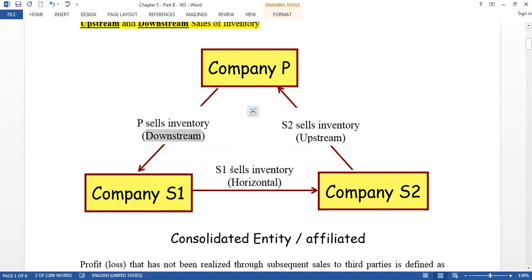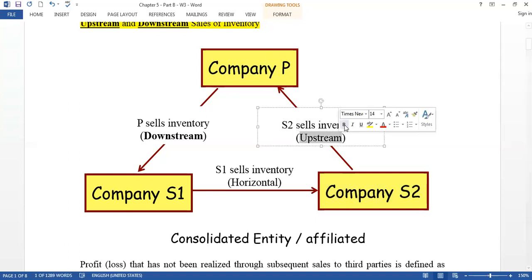The question will tell you that the parent company sells inventory to the subsidiary. At that time you should understand that this is called downstream sales. Sometimes a subsidiary company sells inventory to the parent company. If this is the case, it is called upstream sales of inventory.